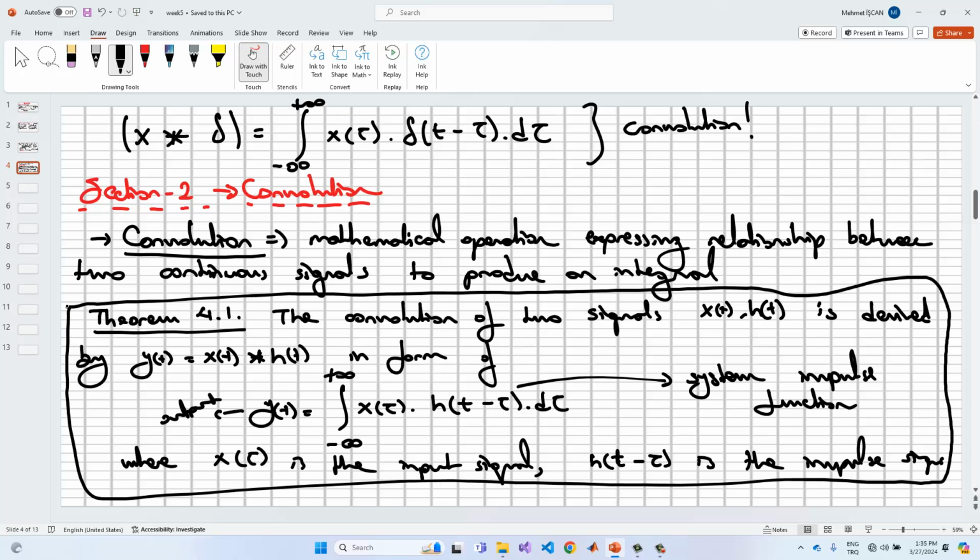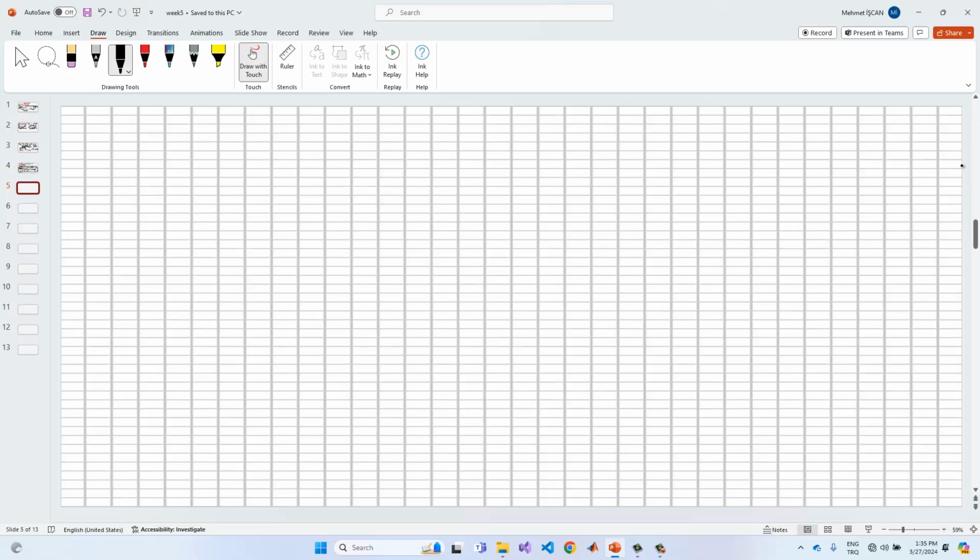But in maths, we only use some simple functions. For example, how can we do that?